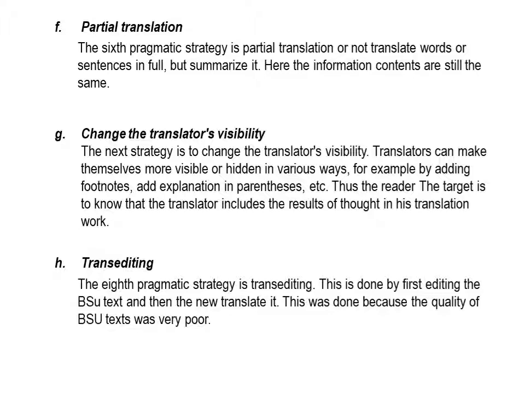The next strategy is to change the translator's visibility. Translators can make themselves more visible or hidden in various ways, for example, by adding footnotes and explanations in parentheses. Thus, the target reader knows that the translator includes the result of thought in his translation work.